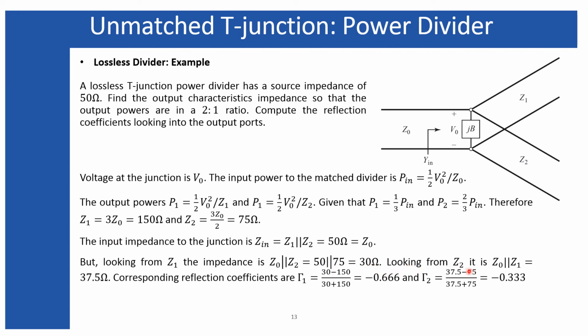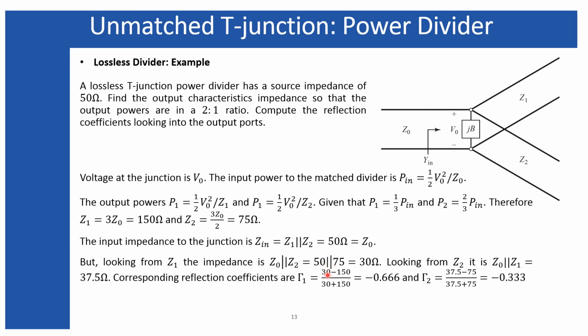Similarly, when you are looking from Z2, the load appears as 37.5 ohm. That is also not matched because the characteristic impedance of Z2, or this guide 2, is 75 ohm. And this is the general expression for the reflection coefficient.